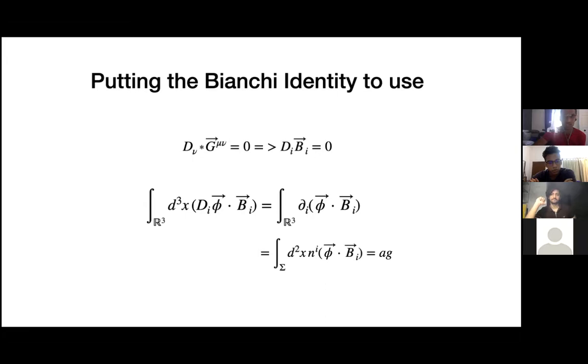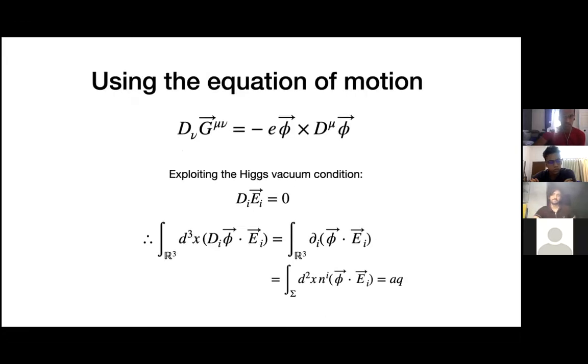Cool. So the next thing is going to be an equation of motion. Now let's do the exercise again so that we can check that we're going to have the divergence of E being 0.